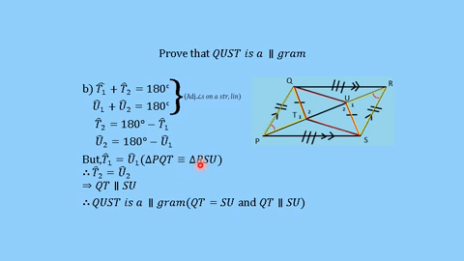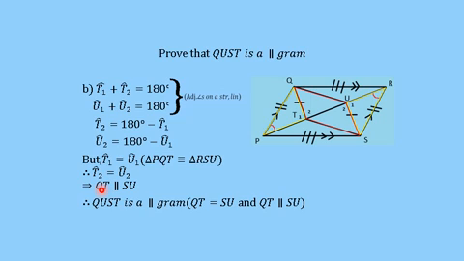Because these two triangles are congruent, it means their corresponding angles are equal. And again, it means their corresponding sides are equal. Okay. Therefore, angle T2 equals angle U2 because angle T1 and angle U1 are equal. So it means these two are equal.